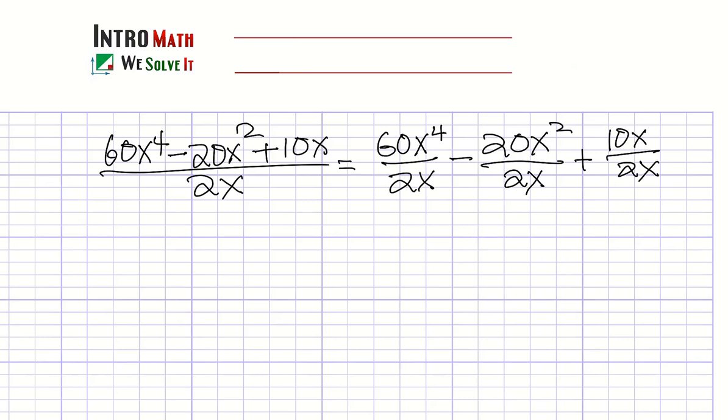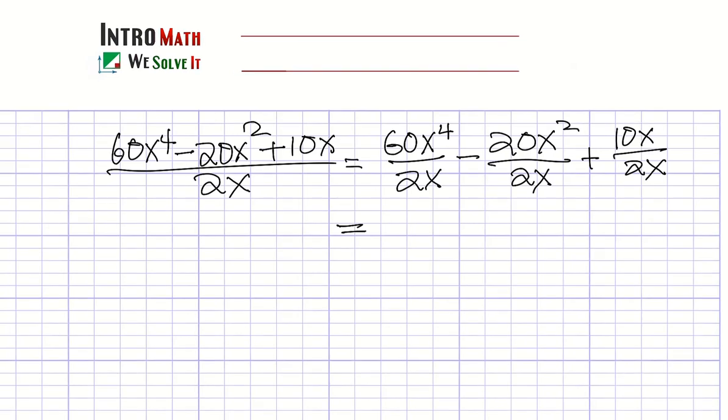See, you spread that thing out, the denominator, and then you start canceling things. Okay, so let me do it cleanly. 60 divided by 2, you get 30, okay? Now, see, this can cancel one of these. You get x raised to power 3. The same thing as saying x raised to power 4 minus 1. You see that, right? It becomes x raised to power 3, okay?